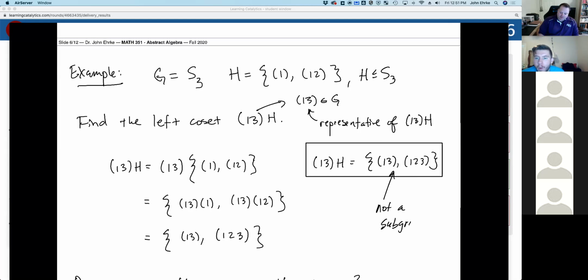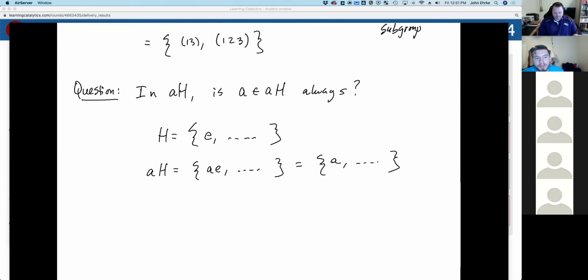In fact, because it doesn't contain the identity, you can start to think: what is the only way you're ever going to have the potential for a coset to be a subgroup? You would have to multiply it on the left by the identity or by the inverse of one of the elements.